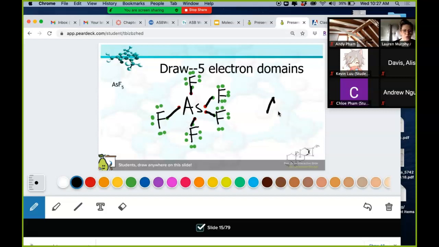So for the true structure, you want to do trigonal planar around the arsenic. Okay, and then one will come up and one will go down.